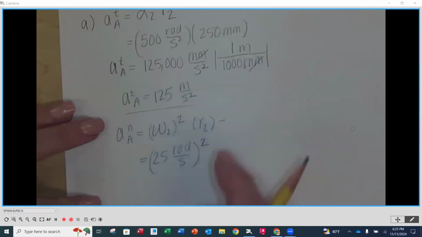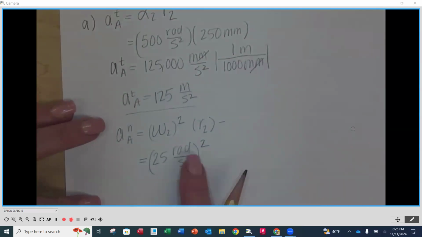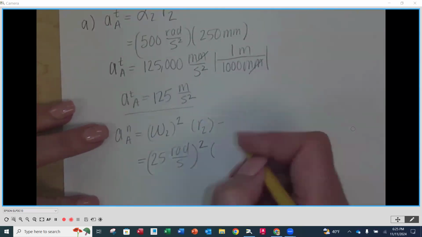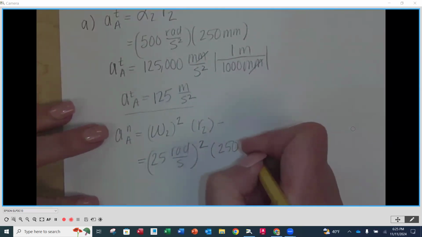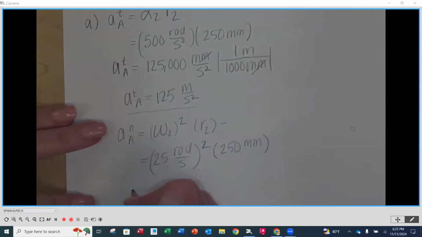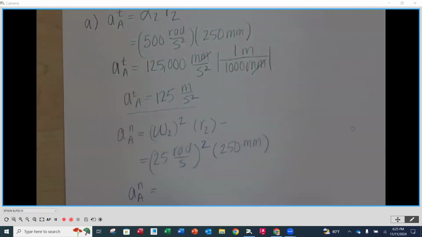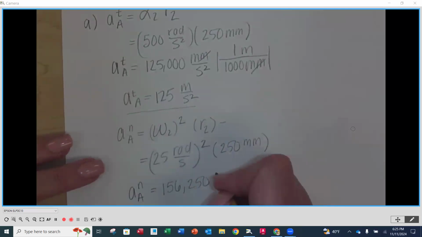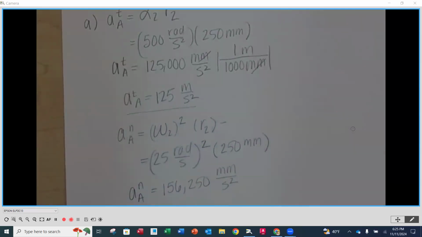Now we have to square that 25 and the radians per second, times the radius of 250 millimeters. So our normal at A should come out to be 156,250 millimeters per second squared.